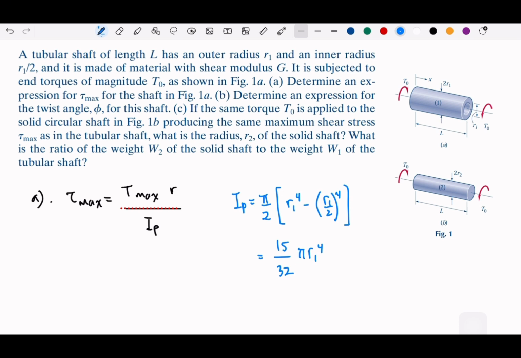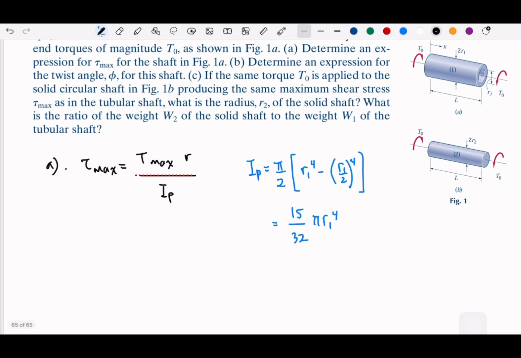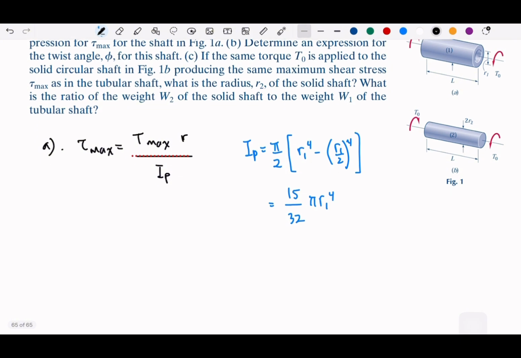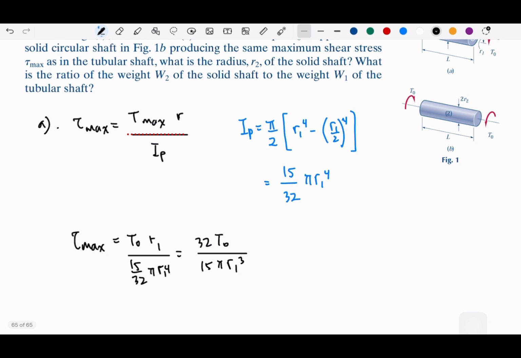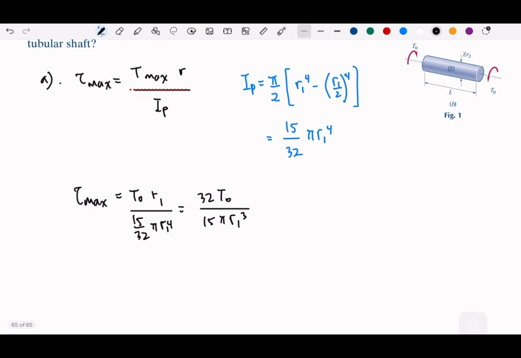Okay, that's the inertia. Using this inertia, the torque is T0, R is R1, over 15 over 32 pi R1 to the power of 4. Then we get 32 T0 over 15 pi R1 cubed. You can cancel the R1. And that is for A.